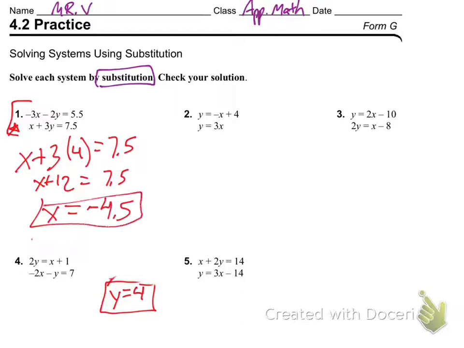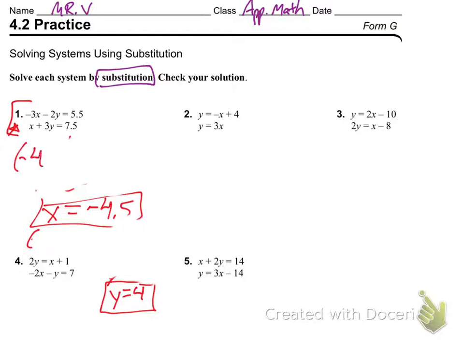So now I have an x and a y, so my final answer is going to be negative 4.54.